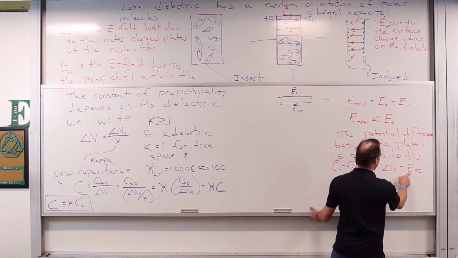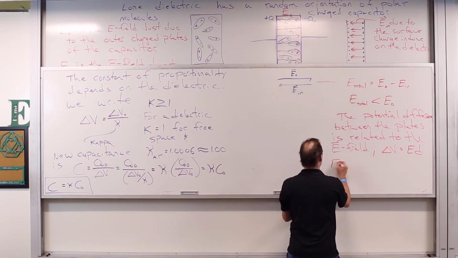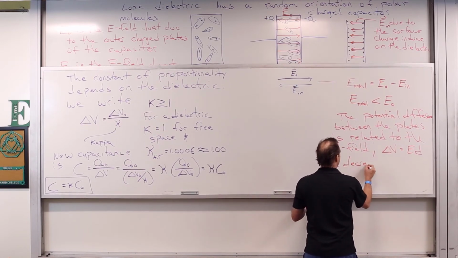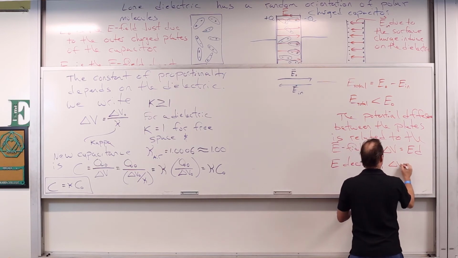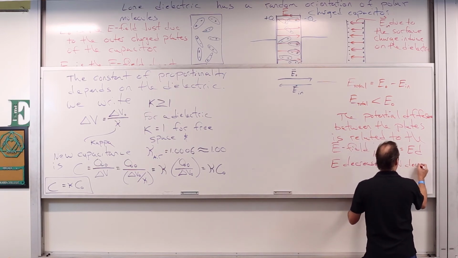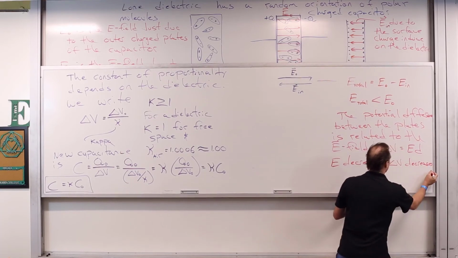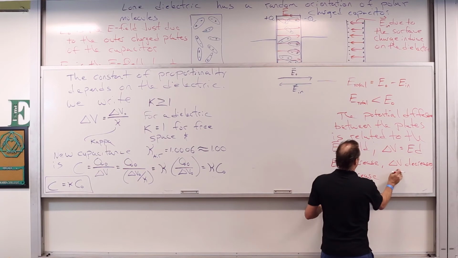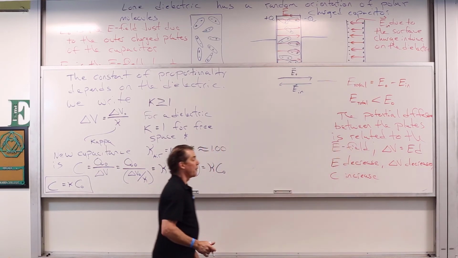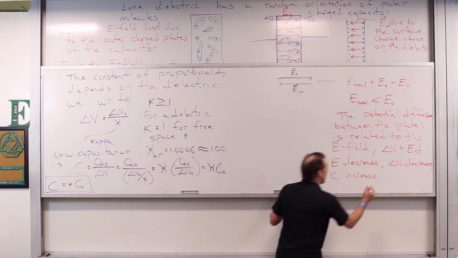E decreases, delta V decreases. And the potential difference decreases, the capacitance must then increase.